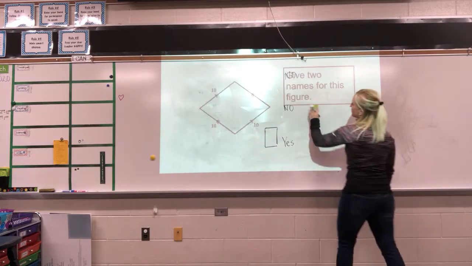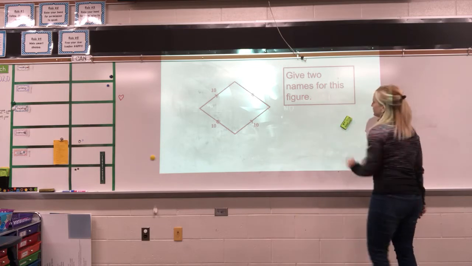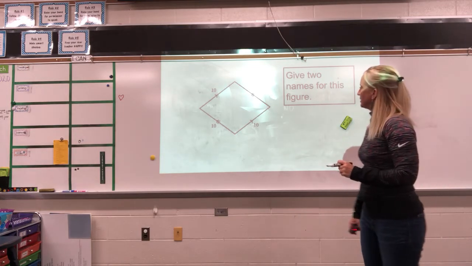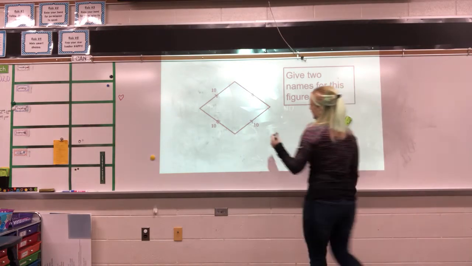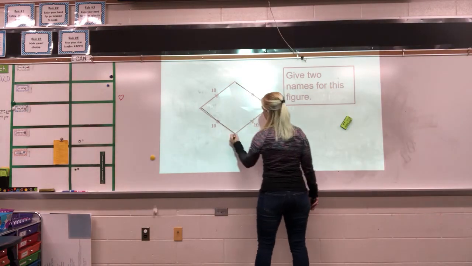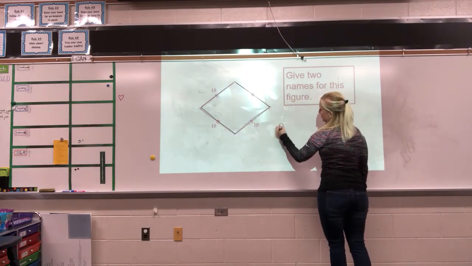Okay, let's look at problem number 2. Give 2 names for this figure. So can we give 2 names? Okay, well, when I'm looking at it right now, first of all, I'm going to see that it's got 2 sets of parallel sides, so it's going to be a parallelogram.